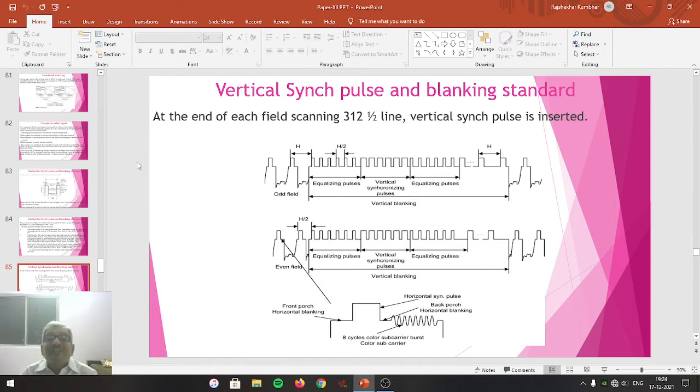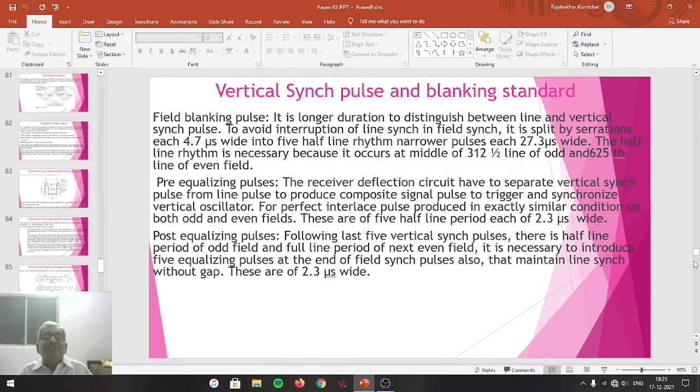Friends, these are the standards used for vertical sync pulses and vertical blanking pulses, introduced at the end of every vertical retrace period, whereas the horizontal blanking pulses and sync pulses are introduced at the end of every horizontal trace period so as to synchronize the transmission and reception with each other.